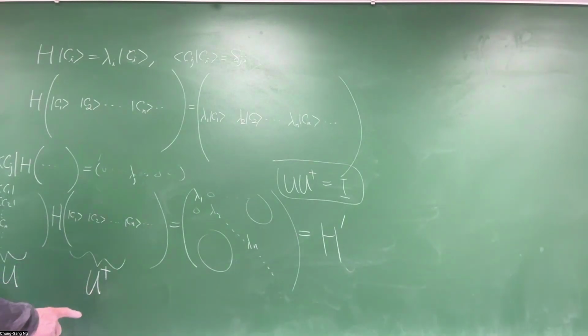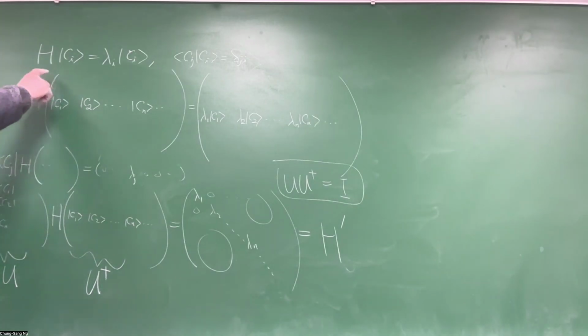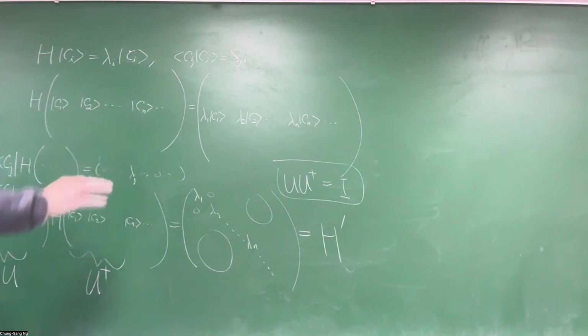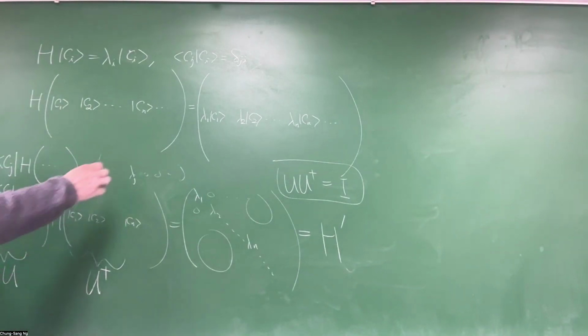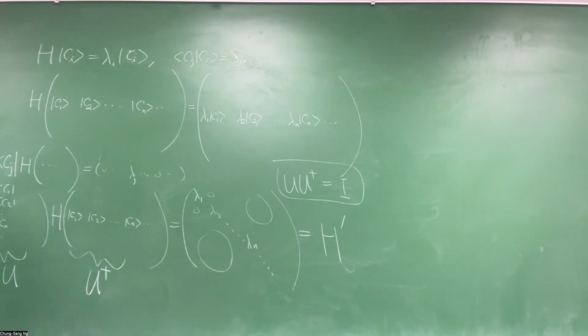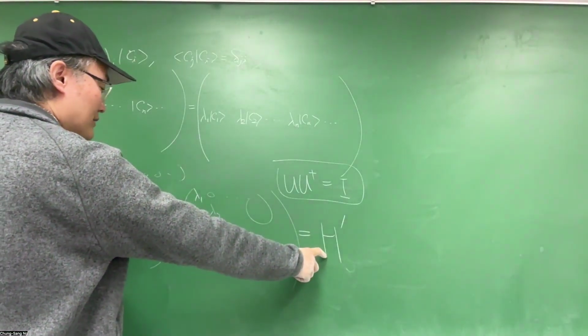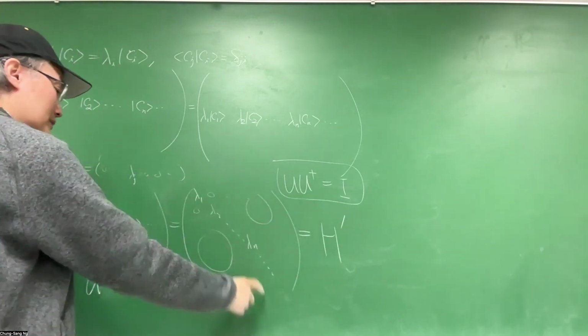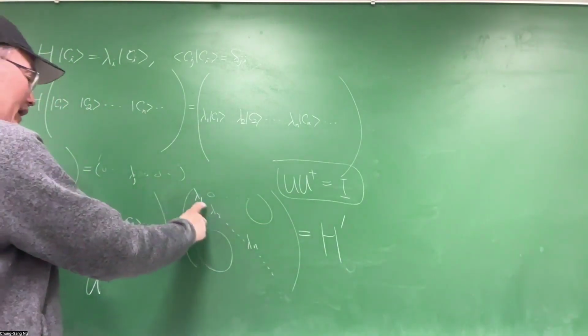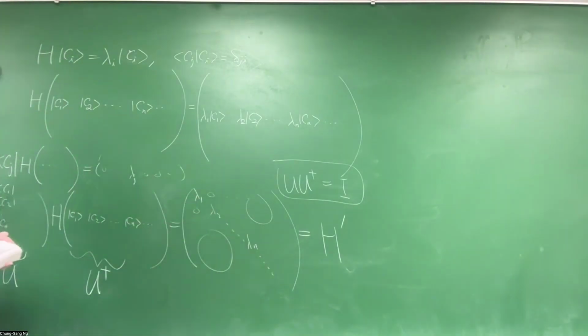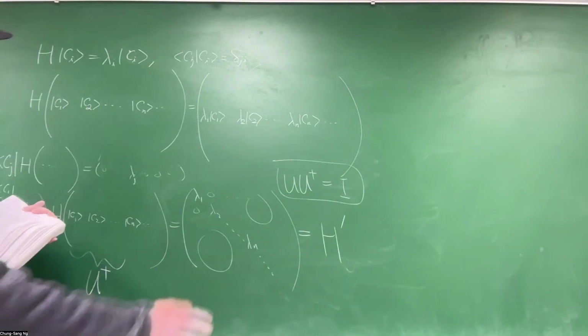So this will give you the transformation, and basically this will transform your basis from the original basis to the basis using this C sub I, using these normalized eigenvectors as your basis. Therefore in the new basis, this operator has only diagonal elements, and those elements are the eigenvalues. Okay, and that's the property of the Hermitian operator.